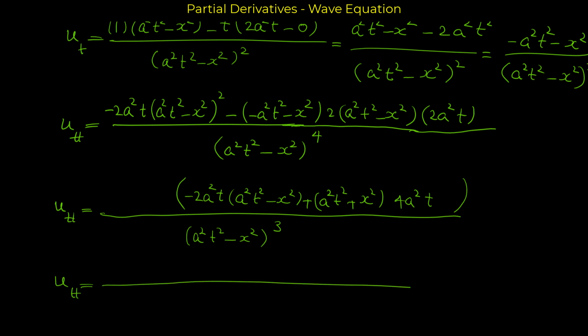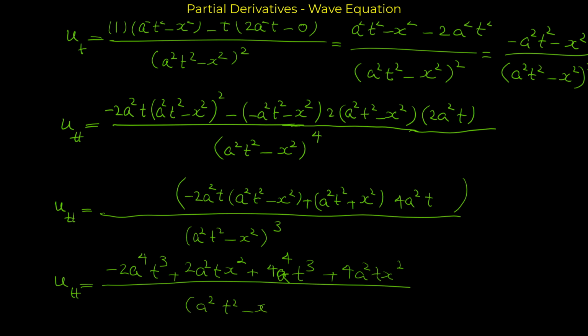If you multiply negative 2a²t times the bracket, it would be negative 2a⁴t³ plus 2a²t x² plus 4a⁴t³ plus 4a²t x², all over (a²t² minus x²) to the 3. This equals (a²t² minus x²) to the 3.